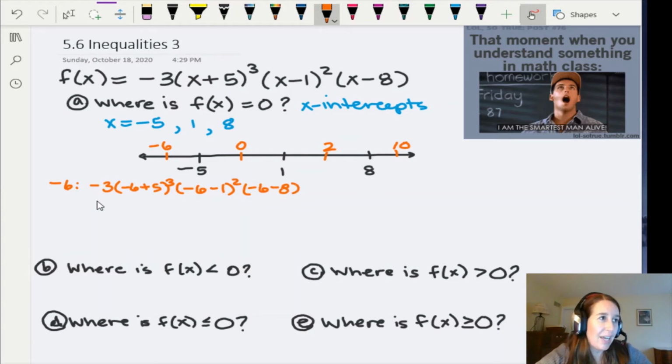I have a negative out front here. This is -1 and it's cubed, so it stays negative. That's 3 negative signs. This is negative, but it's squared, so 2 negative signs make a positive. This is negative and nothing is done to it. Now I count up my negatives: 1, 2, 3 of them. 3 negative signs will always make a negative.